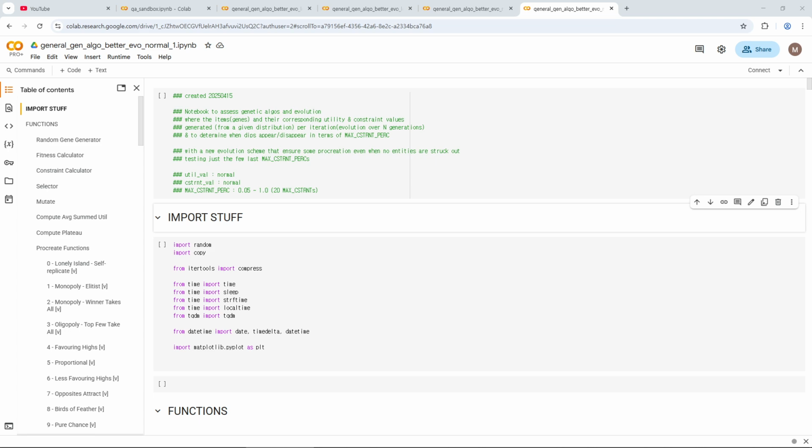In my last video, or rather last night, I talked about the new evolution scheme that I made and went through all the 8 distributions from which I sampled the utility values and the constraint values separately, and ran the evolutions for 10 items, 40 items and 100 items.